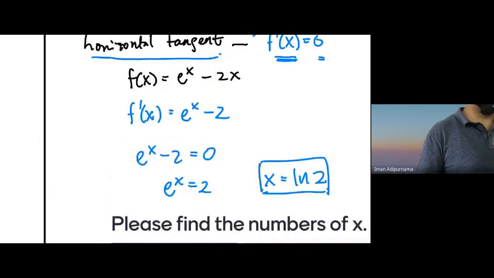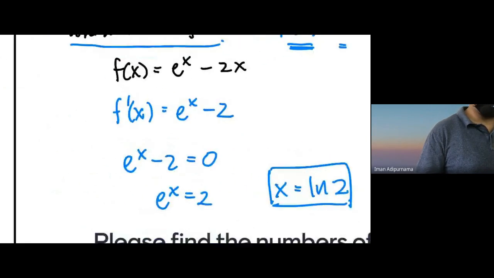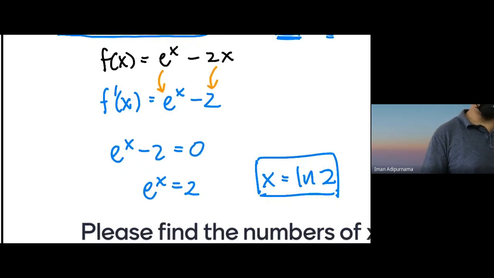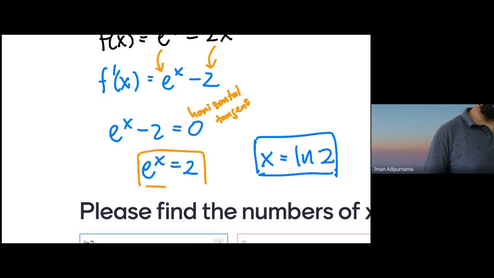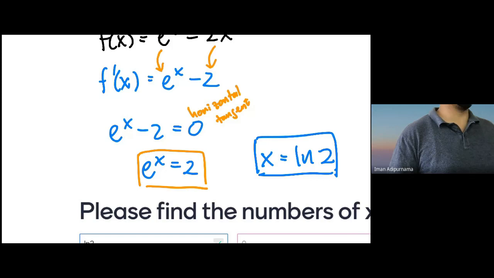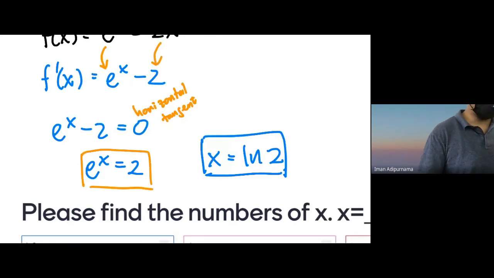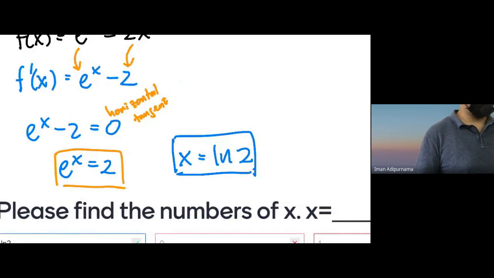Then we need to find which x value has that. We differentiate f prime, and it should equal 0 because it's a horizontal tangent. You get that e to the x is equal to 2, so x is equal to ln 2.